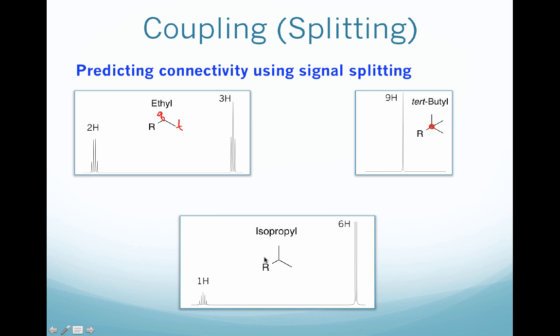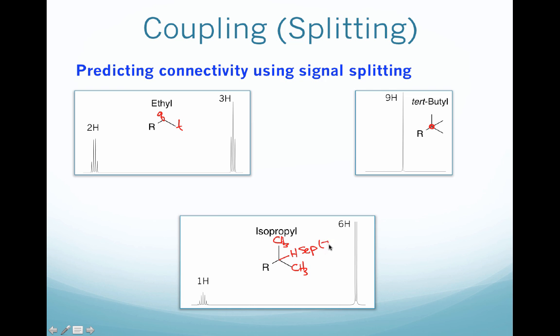Finally, if you run into an isopropyl group, we have the CH and then 2 equivalent methyl groups. The CH is going to appear as a 1 hydrogen integration with a multiplicity of a septet.